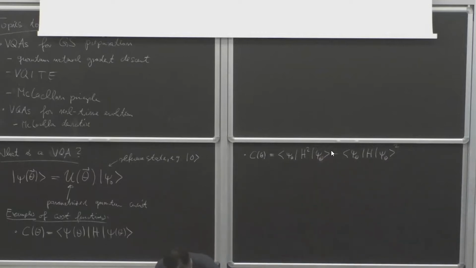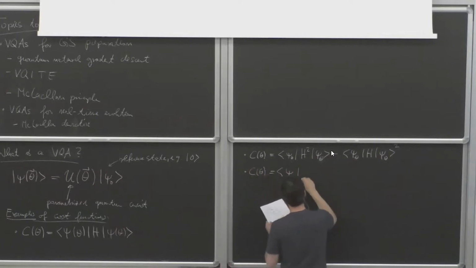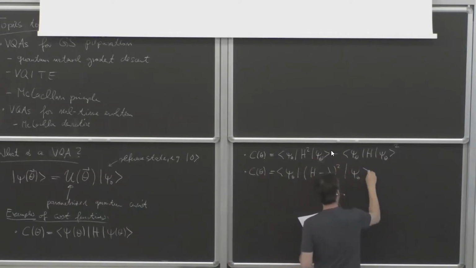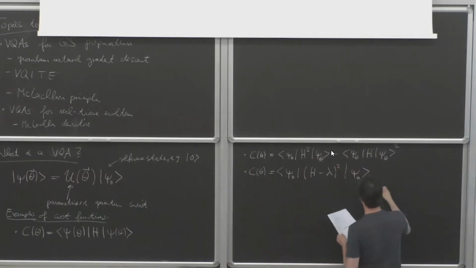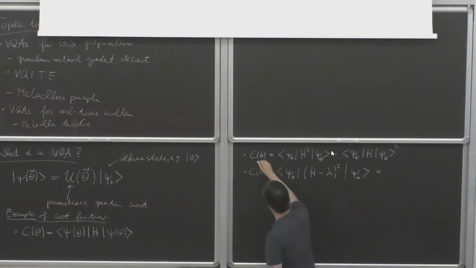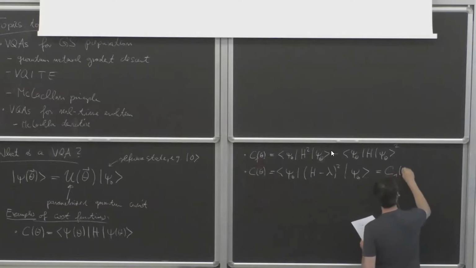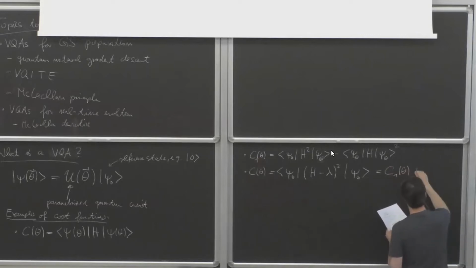A third example is that you can also say, I not only want any eigenstate, I want it to be in a certain energy range. So you can minimize this cost function. For lack of time, let's call the variance term C1, which is a bit arbitrary, plus H minus lambda.